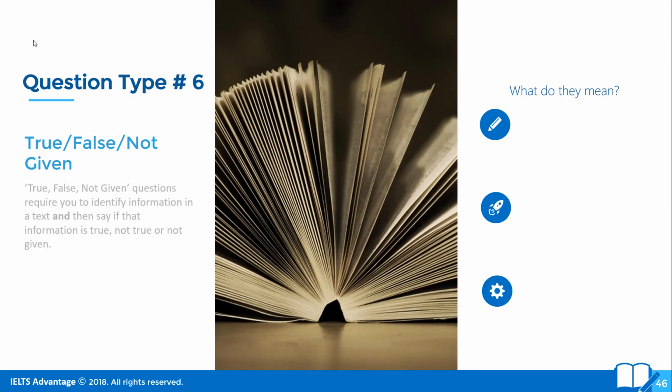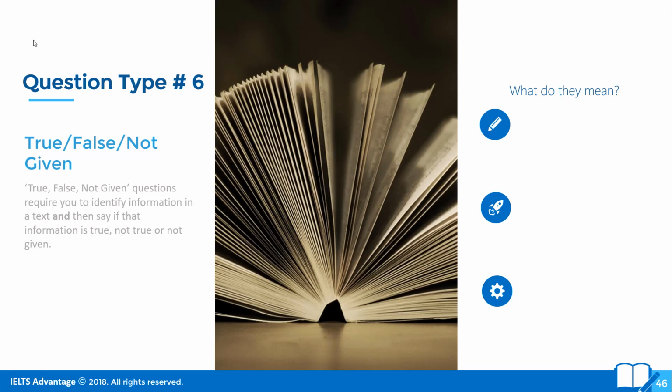Okay, so true, false, not given questions require you to identify information in the text and then say if that information is true, false, or not given. So it's requiring you to do 2 things. The primary 2 things that you need to do in order to answer these questions is A, identify information, and B, say if that information is true, false, or not given.